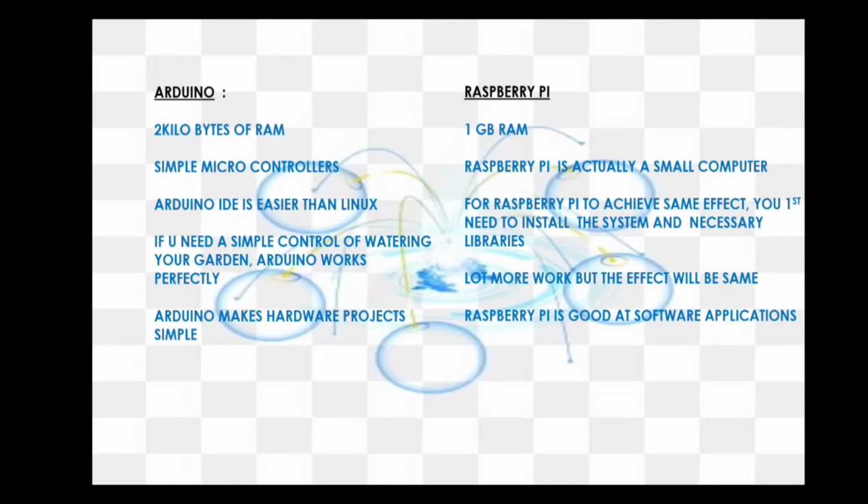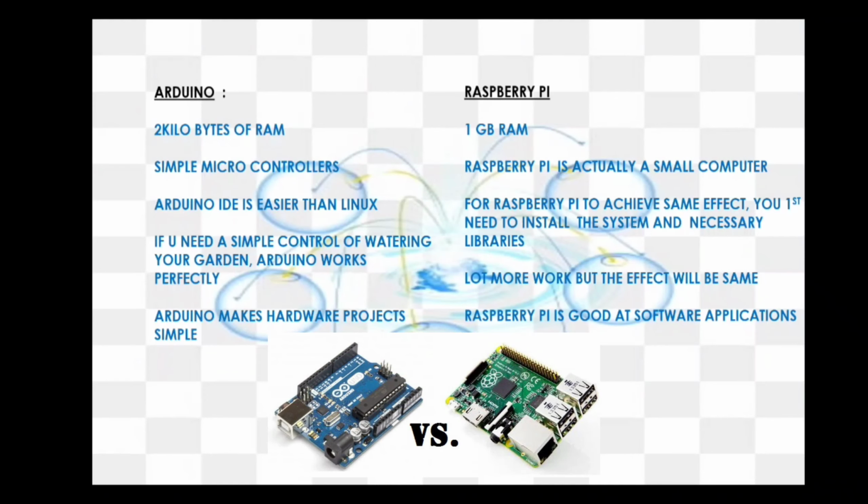And then we are going to know the major differences between the Arduino and the Raspberry Pi. Many people get confused about what is Arduino and what is Raspberry Pi. They look alike, but when it comes to the functions, sometimes the Raspberry Pi is very helpful and sometimes the Arduino is very helpful, depending upon the work we are going to do.